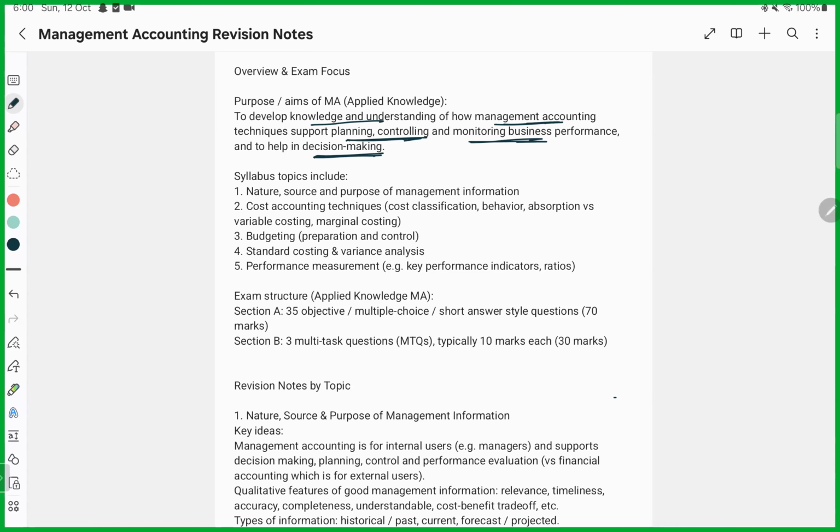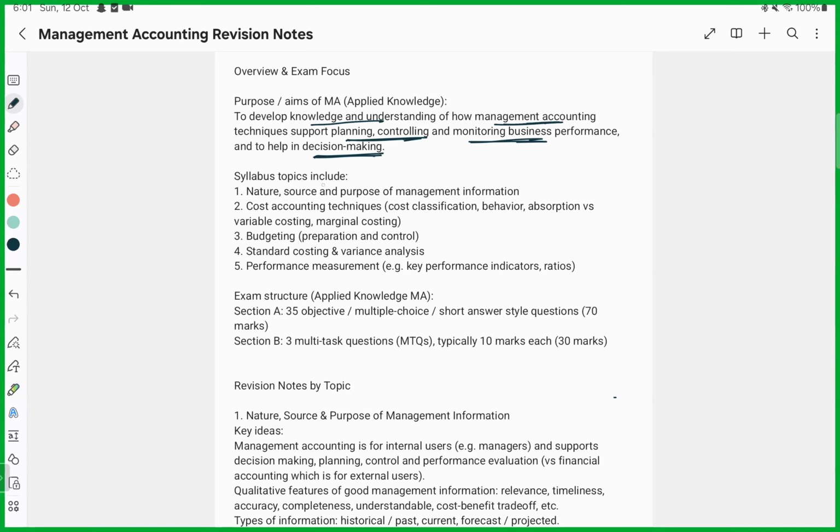If you remember, when we were doing the revision for financial accounting, we saw that the financial information of the organization is used by the management also. Management use that information for the purpose of taking decisions for running the business for a long period of time.